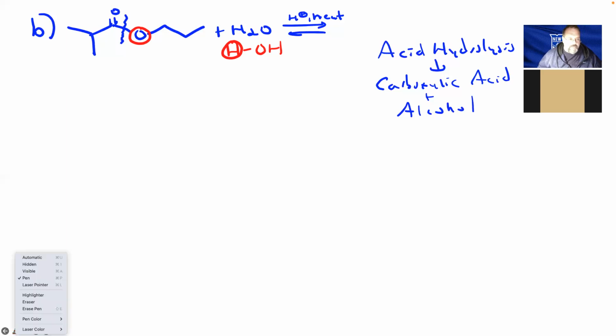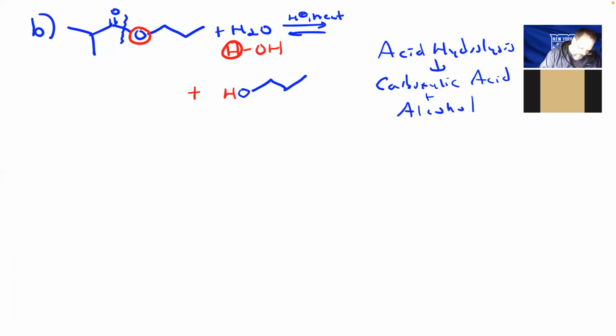So what does that lead us to? Well, it leads us to our alcohol product, which in this case is 1, 2, 3, and then O, and then we're going to pick up that hydrogen to give us OH. So that would be our alcohol product. And then the C double bond O carbon is going to pick up the OH from water to lead us to what?